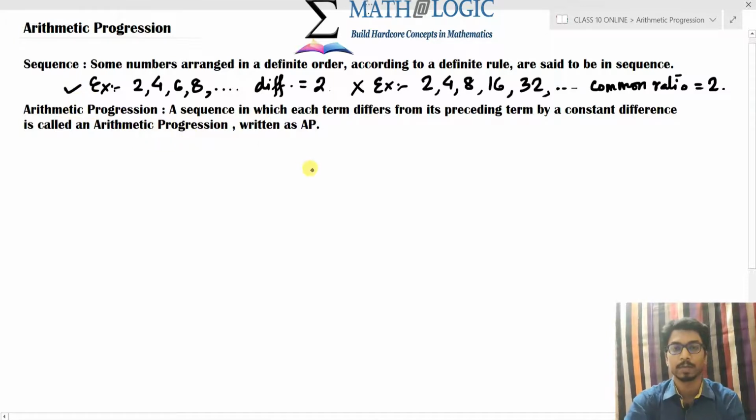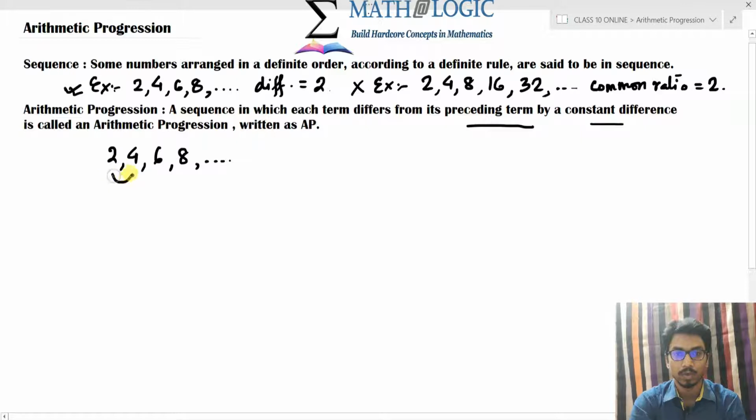Now what is arithmetic progression? An arithmetic progression is a sequence in which each term differs from its preceding term by a constant difference. Now what does that mean? Let me give you that same example, which is 2, 4, 6, 8 and so on. In this case you can see that the difference between 2 and 4 is how much? 2. 4 and 6, how much? 2. 6 and 8, how much? 2.